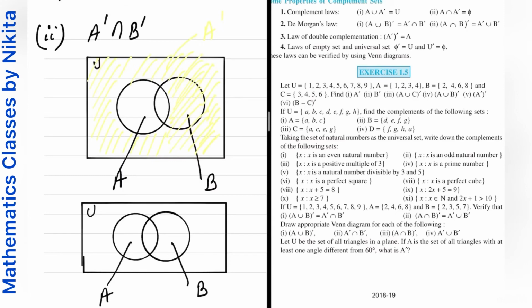So B complement will be, you have to take all the elements which are not in B of U. So just leave the elements of B and shade all other region. So therefore this is your B complement. Okay, so this is your B complement.